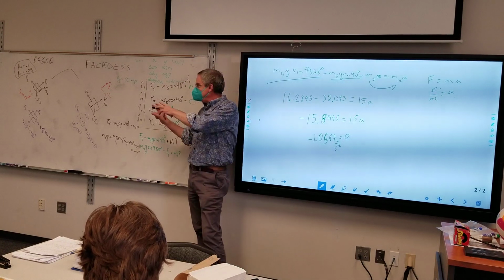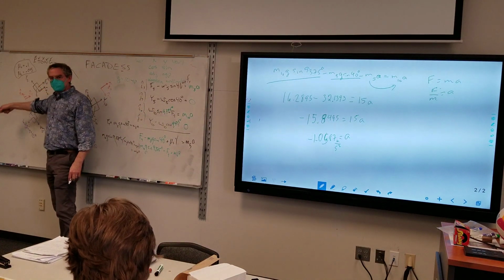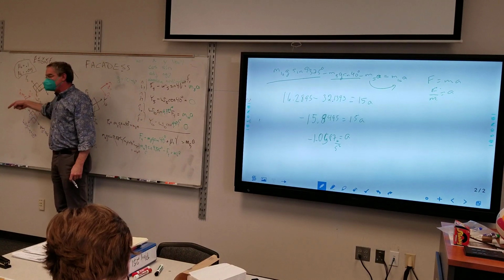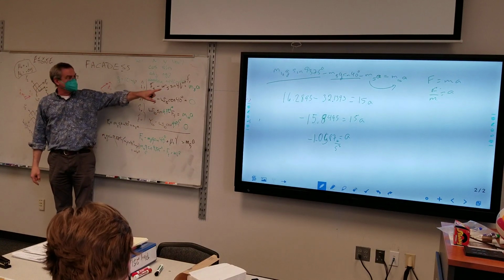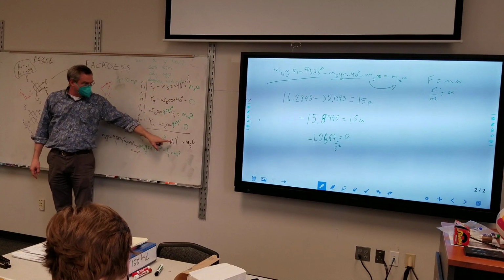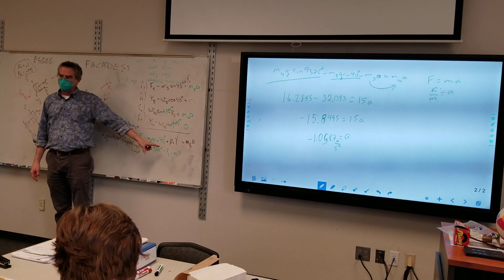The way we have it set up, I know it's going to accelerate that way, and I haven't stuck an extra negative sign anywhere. So if I'm expecting a negative acceleration and I work this out and I get a positive acceleration, that means it's not moving.